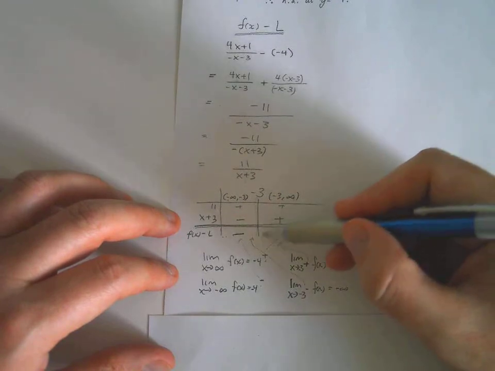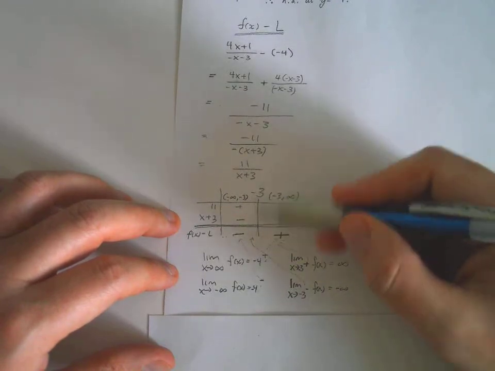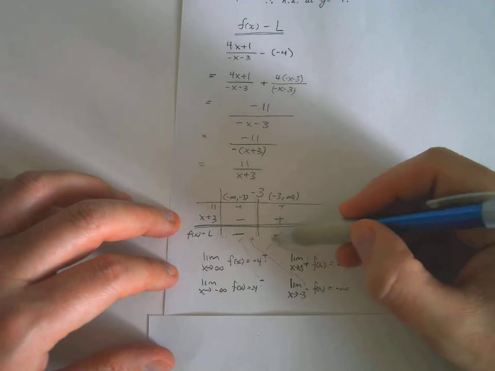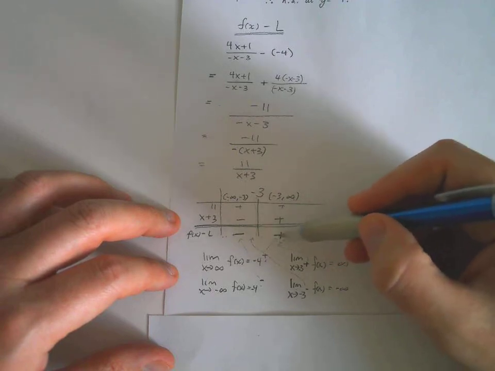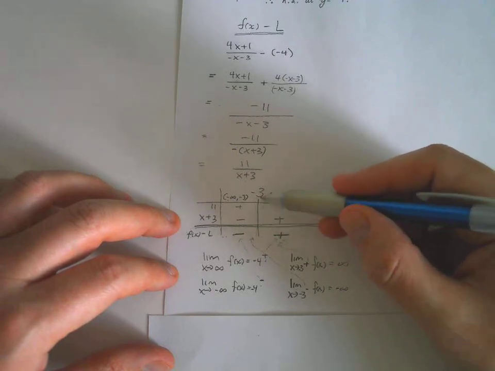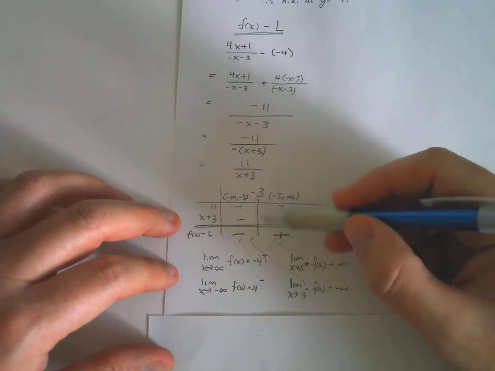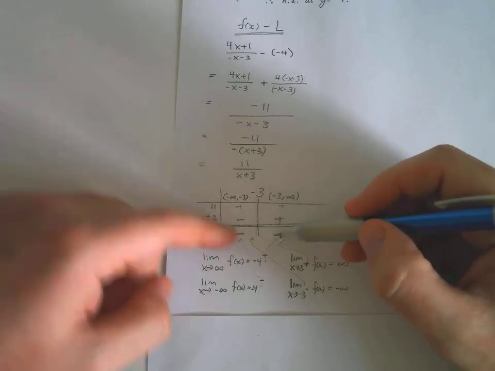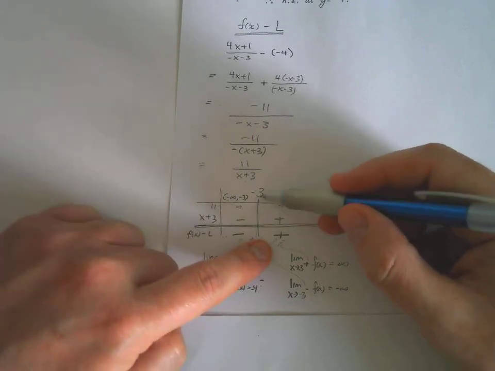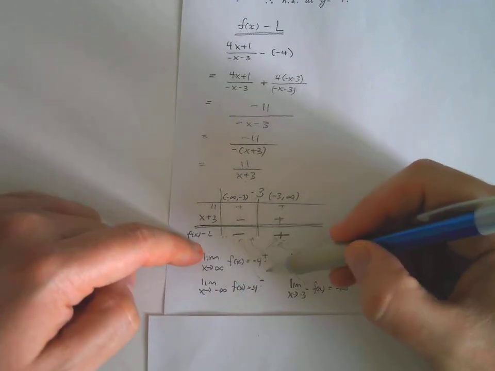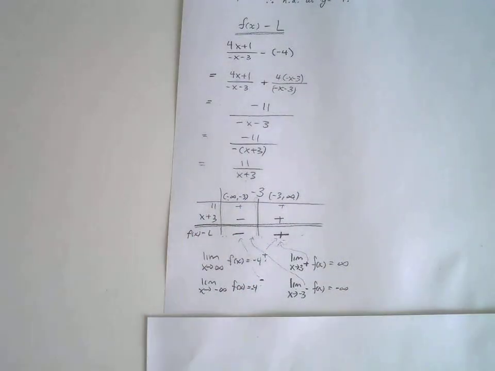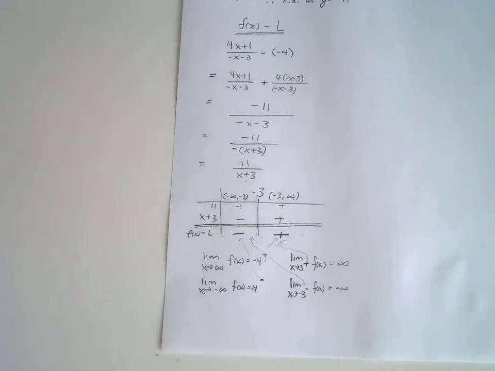And on this side of the asymptote, which is here at x being negative 3, if I have to stay above the horizontal asymptote, the only way that I can do that is by going up the asymptote on this side. So on this side, this is telling me it's going up. On this side, it's telling me it's going down. So I could even use that chart to tell me more information. So I've got multiple ways of figuring out behaviors around vertical asymptotes.